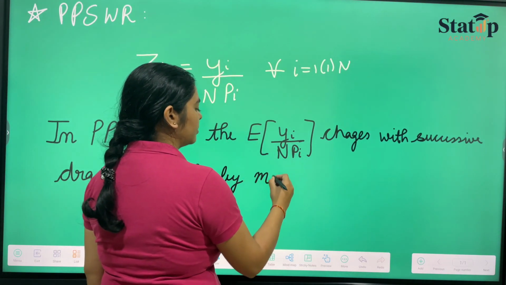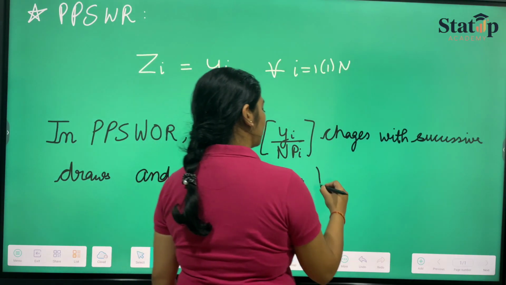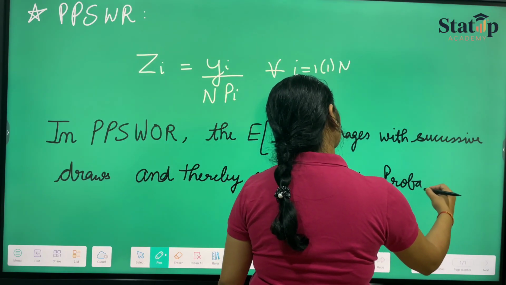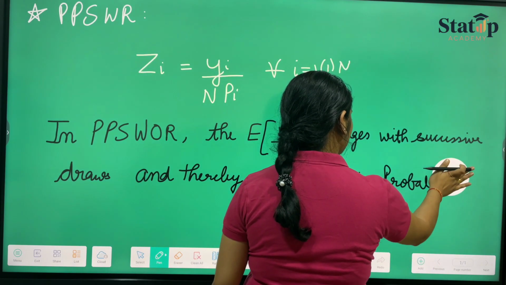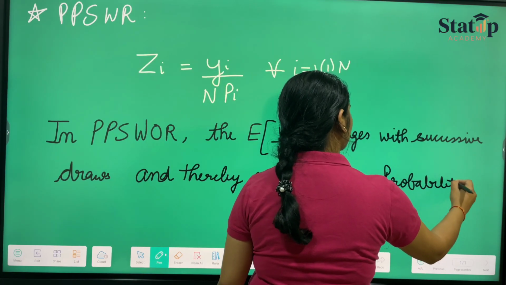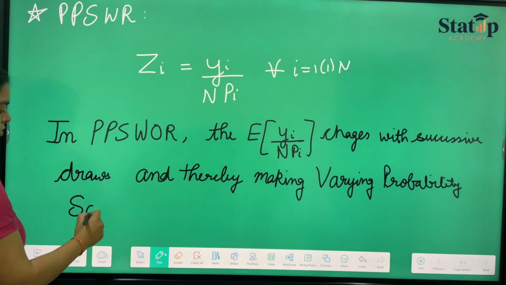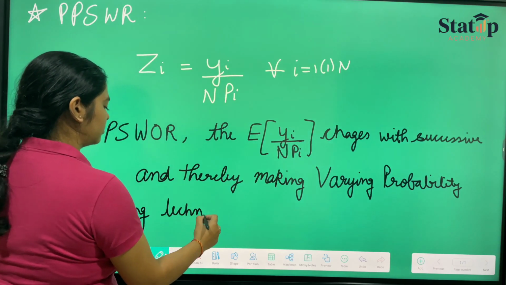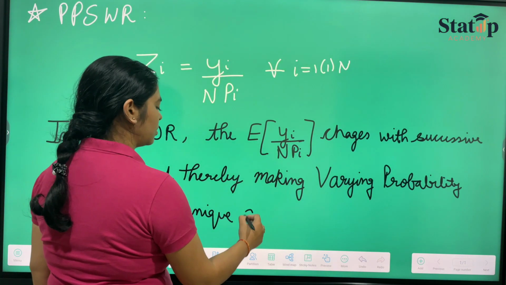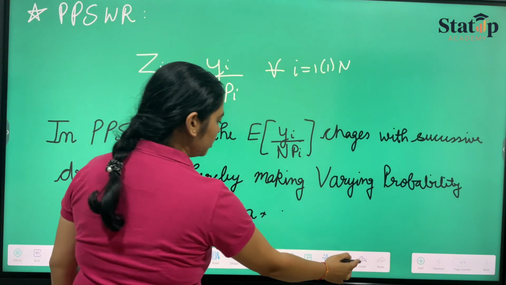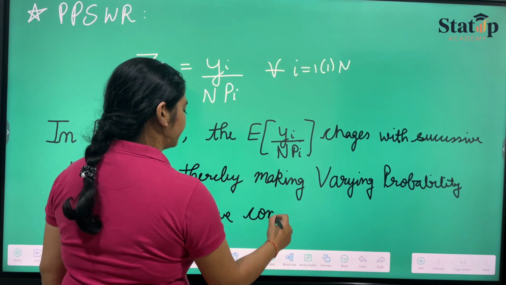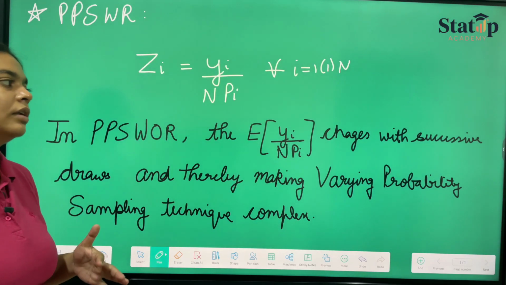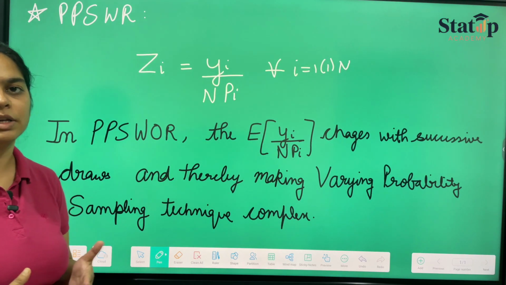So if we have to take out every expectation from every unit, then this probability sampling technique becomes more complex.